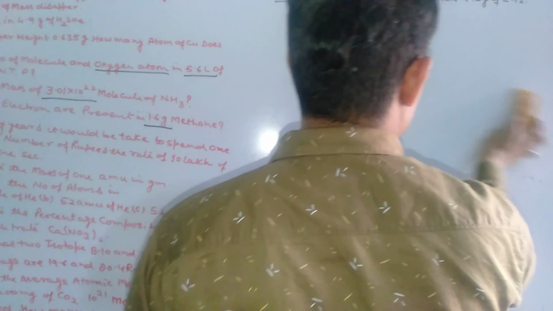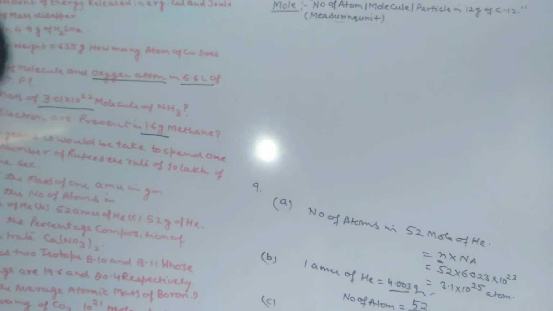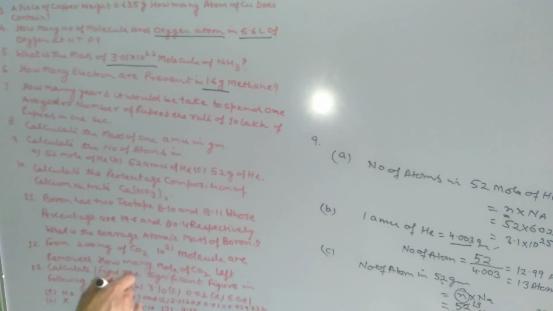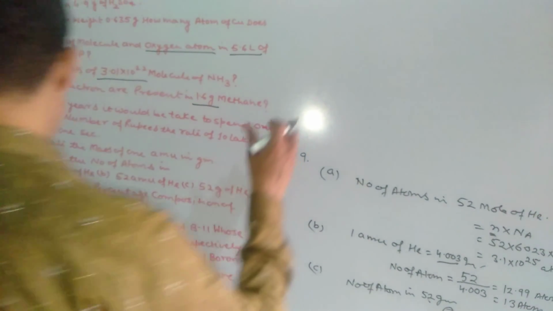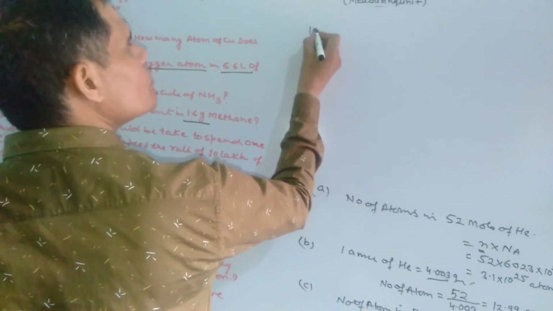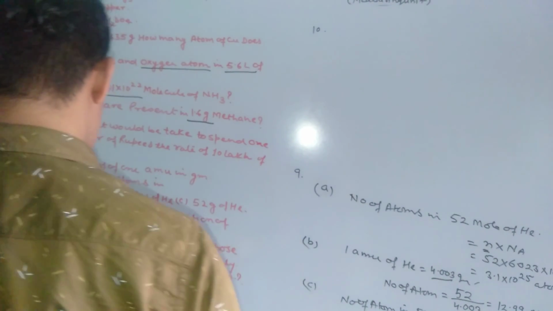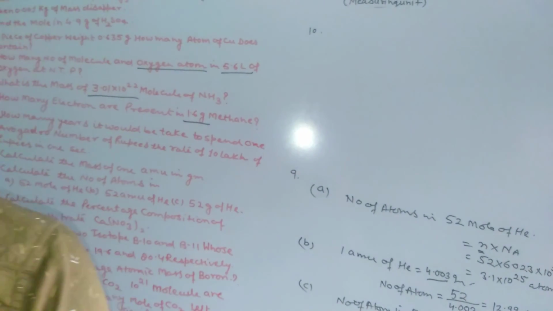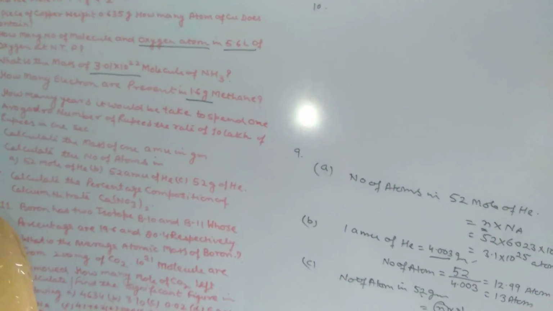Next one, the question is 10. Numerical is 10. Calculate the percentage composition of calcium nitrate.